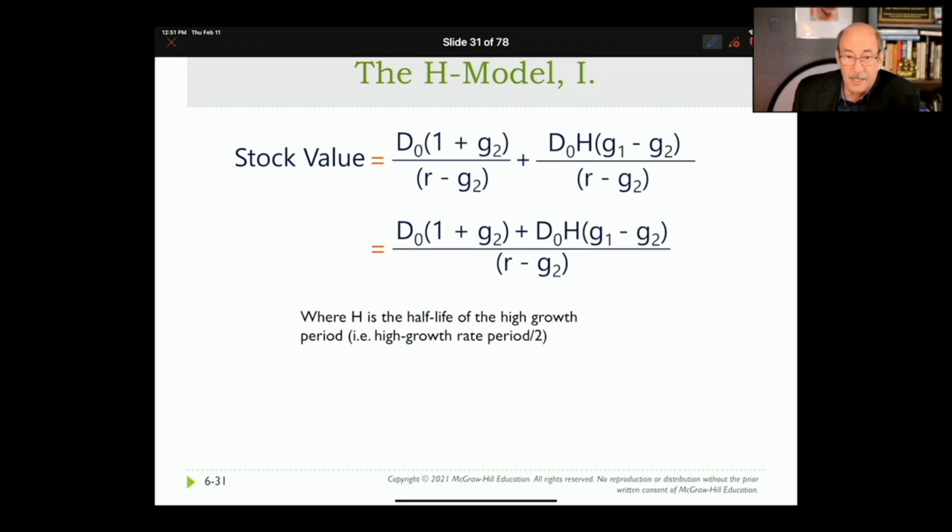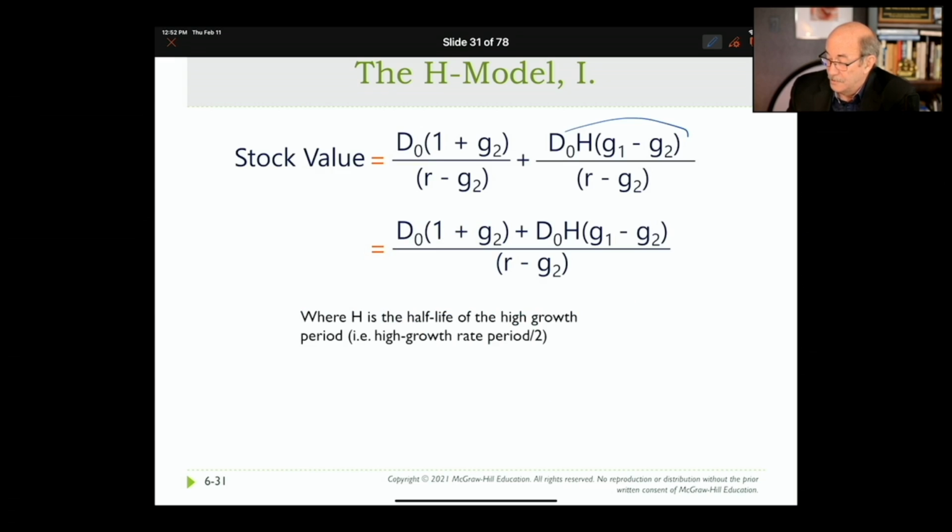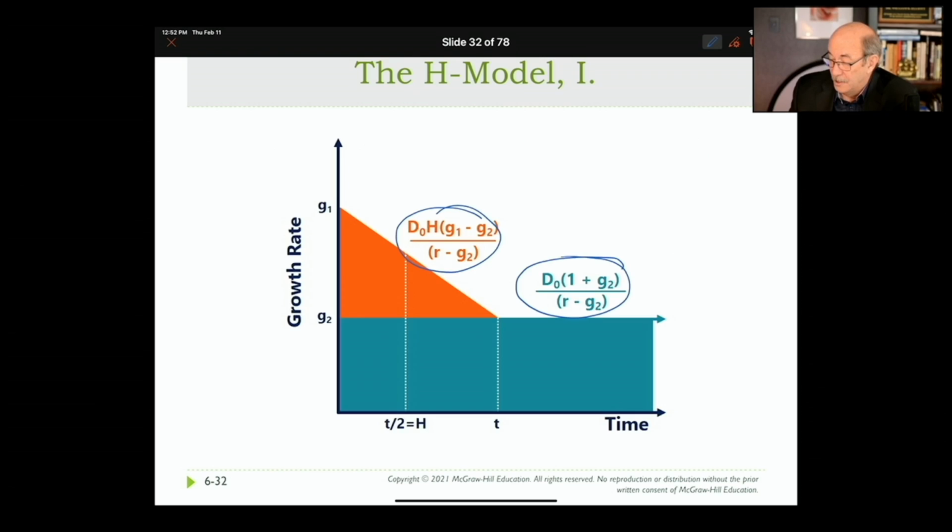The idea here is most easily understood by looking at this graphic. They've laid this out so that we're looking at the two parts of the formula. If you go back here, you'll see these two terms out of that formula. They're mirrored right here. So let's deal with this one first, this blue one.